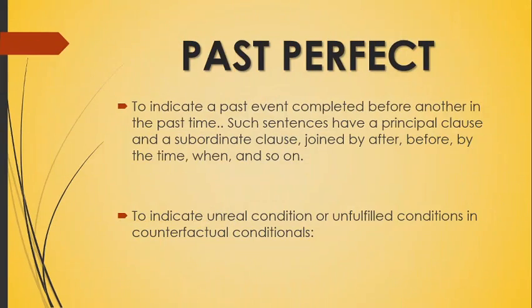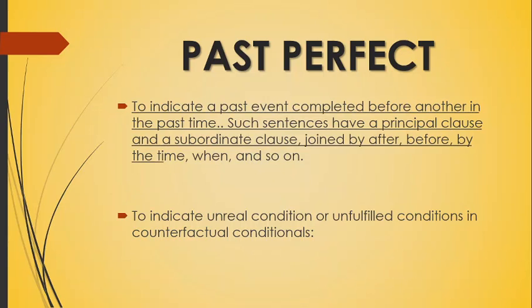Now we will talk about the past perfect tense. It is very easy: it indicates a past event completed before another in the past. Such sentences have a principal clause and a subordinate clause, joined by after, before, by the time, when, and so on. So basically, what happens? Two actions take place in the past. Between these two actions, obviously, one takes place before the other.